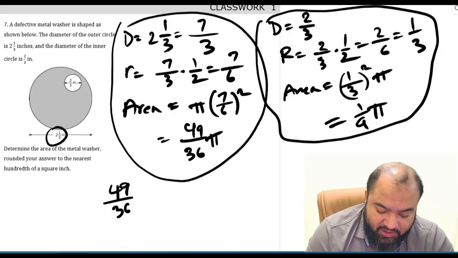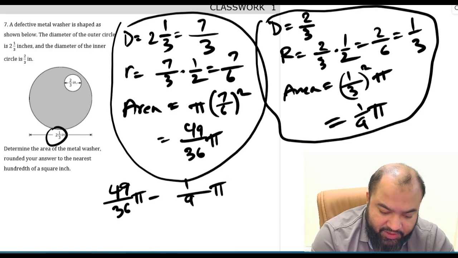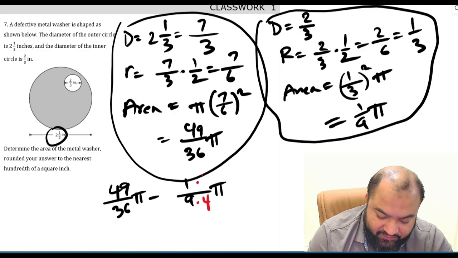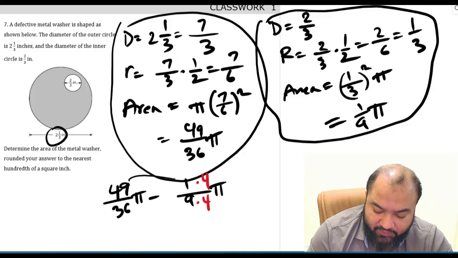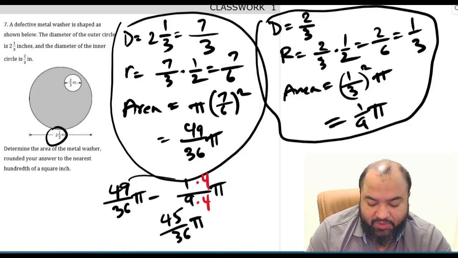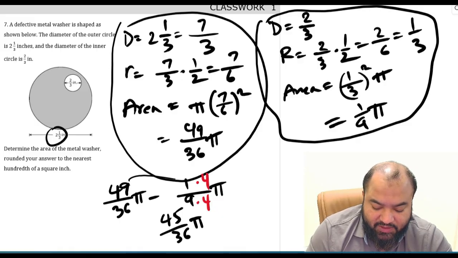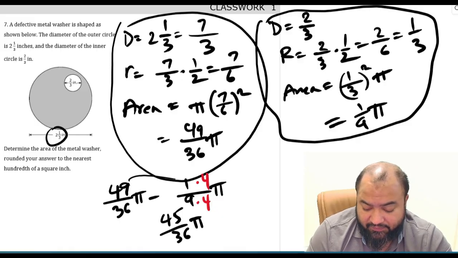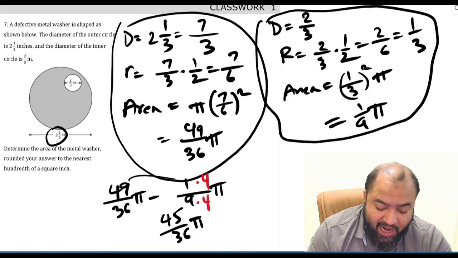So 49/36 pi minus 1/9 pi. So this one, we can make them common denominator, times it by 4. So what happens is 49 minus 4 is what? 45/36 pi. Well, we can simplify it by 3. So 15/12. We can simplify by 9.